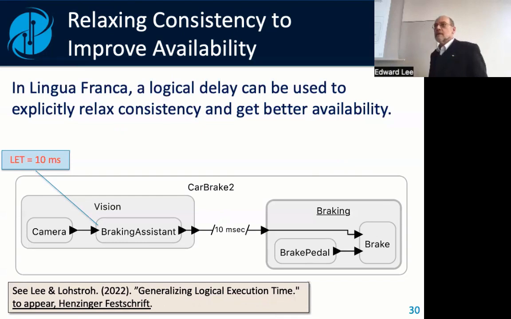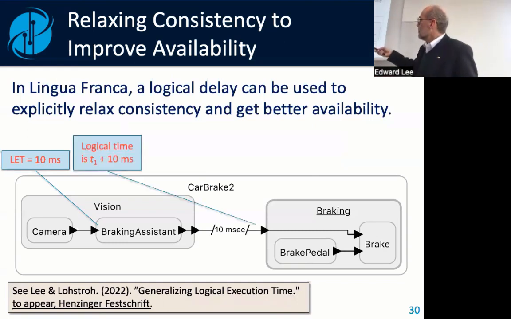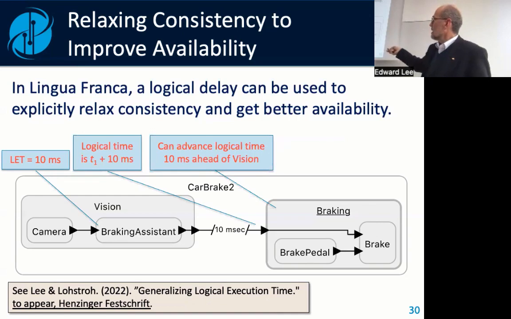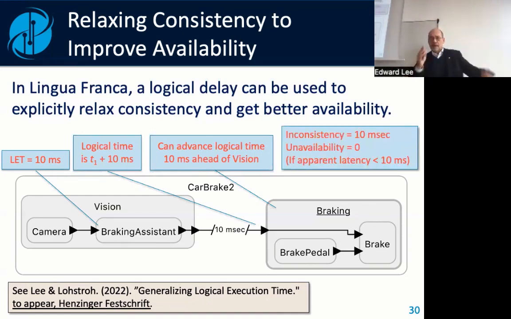Okay? And so now this has become an explicit requirement in the program that you can specify. So the timestamp that arrives here is going to be incremented by 10 milliseconds. And as a consequence, this braking system is able to process events from the brake pedal with logical times that are 10 milliseconds ahead of what it knows it might have been produced from the upstream. Okay?